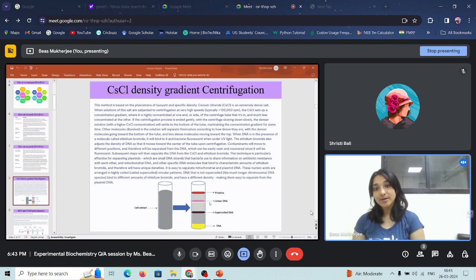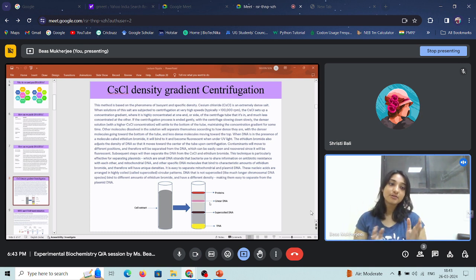It is easy to separate plasmid DNA and mitochondrial DNA. These nucleic acids are arranged in a highly coiled, once again supercoiled, and circular pattern. DNA that is not supercoiled, such as much longer chromosomal DNA species, binds different amounts of ethidium bromide and has a different density, making it easy to separate from plasmid DNA.